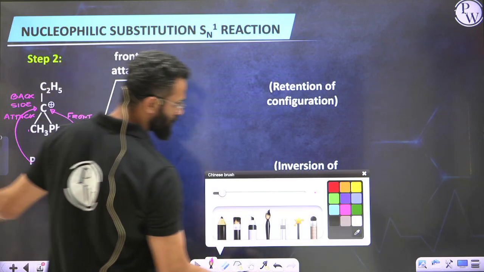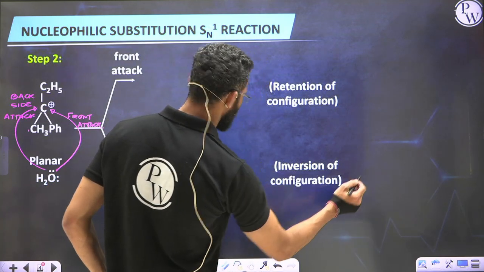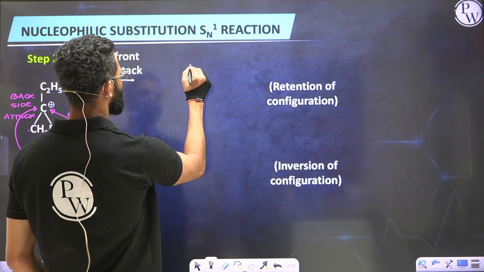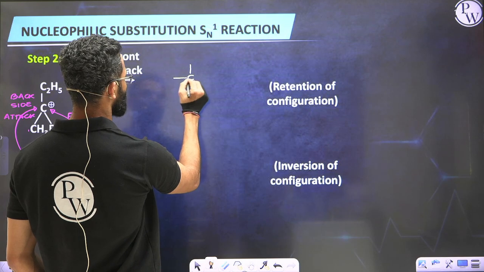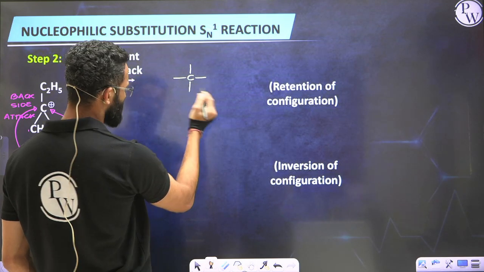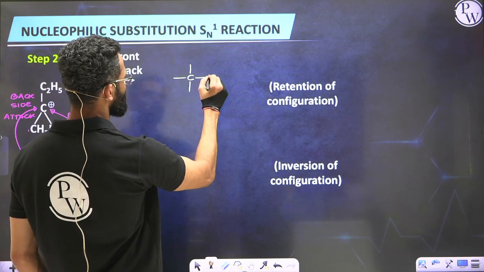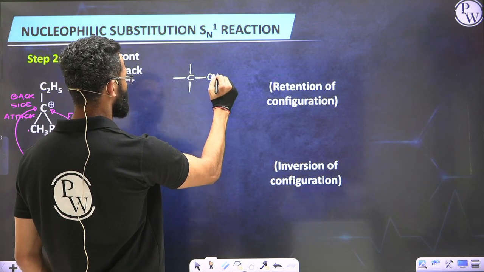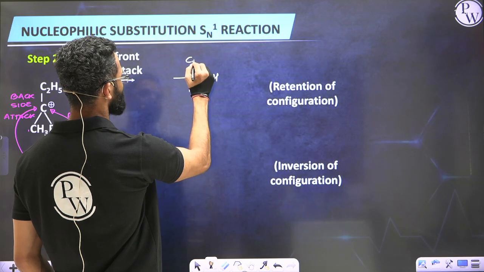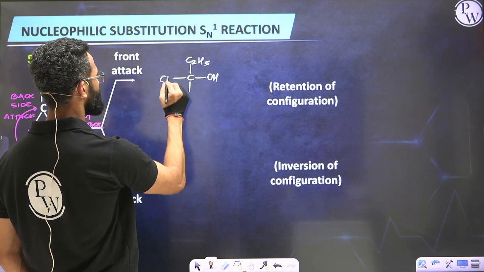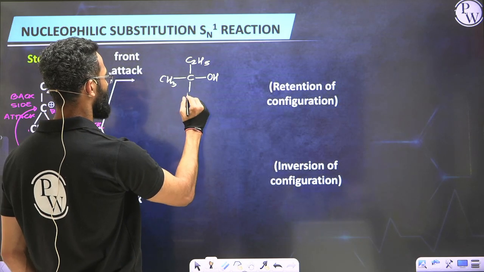So the product obtained can be represented like this. With respect to the way we have represented the two-dimensional structure, I'm putting it in the same way, and later we'll also see it in 3 dimensions. So let's assume bromine had left from here. Instead of that, now we have OH. Rest of the groups as it is: we had ethyl here, methyl here, and the phenyl group here.